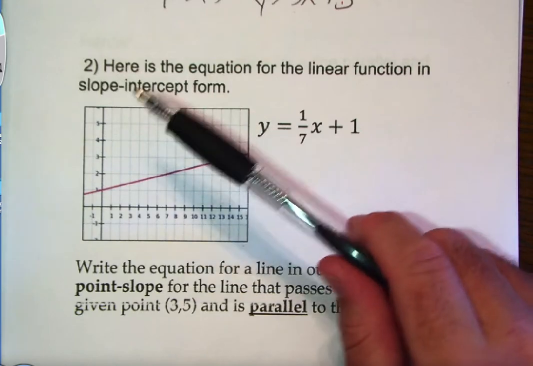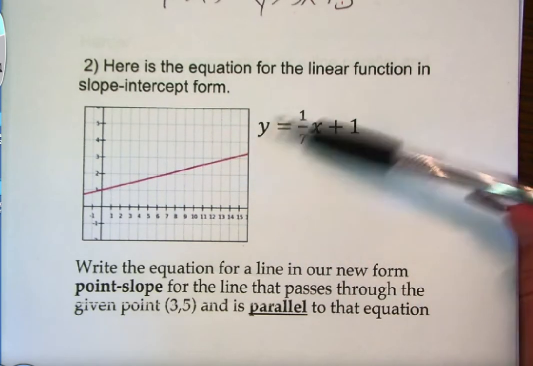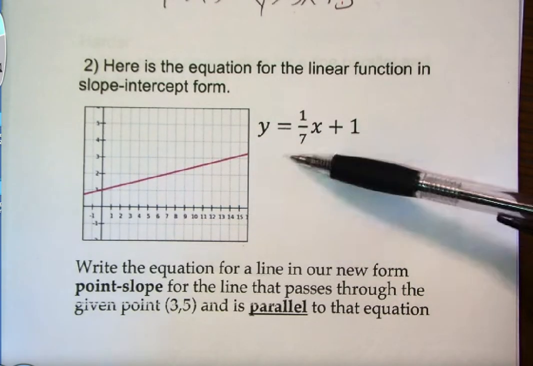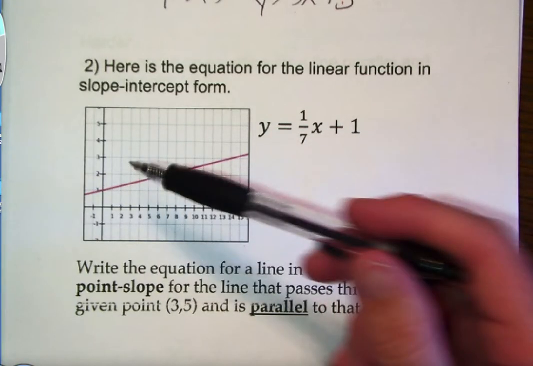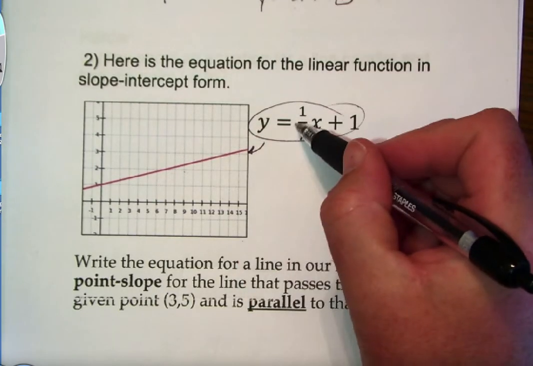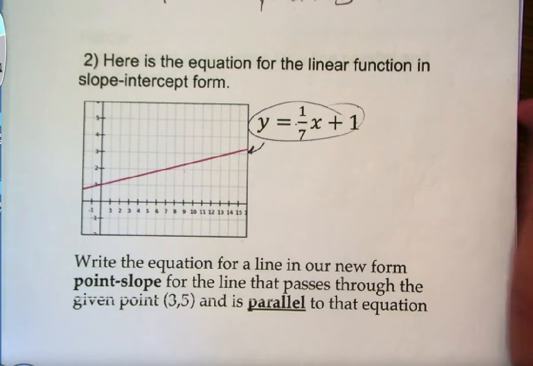You're going to turn and talk with your neighbor, but I'll get you started first. Here's the equation for the linear function in slope-intercept form. We have y equals 1/7 x plus 1. That is the equation for this line. That's its slope. That's its y-intercept. Good so far?